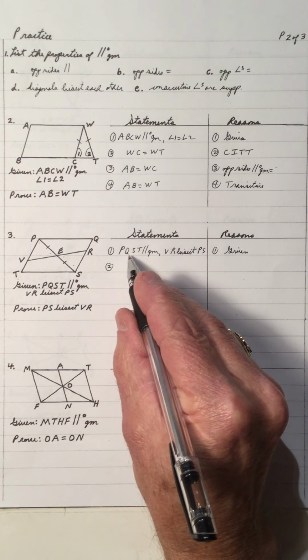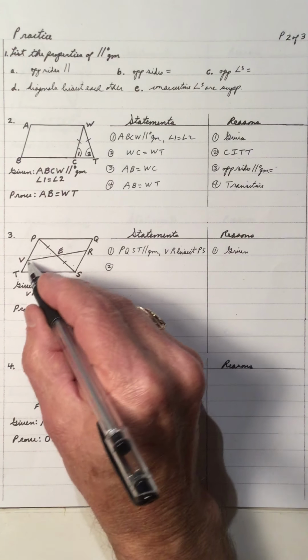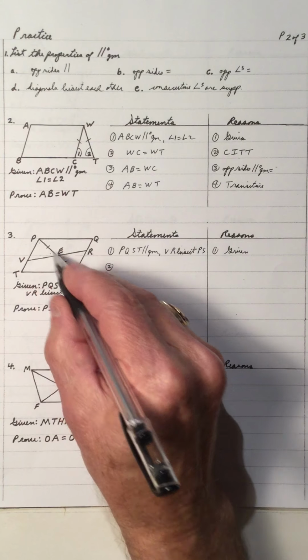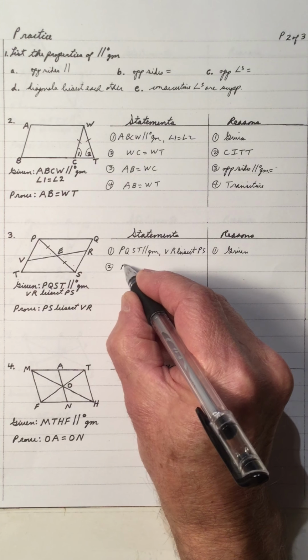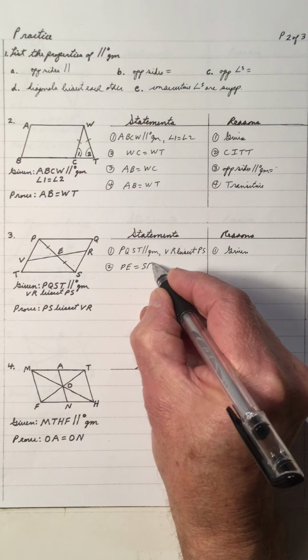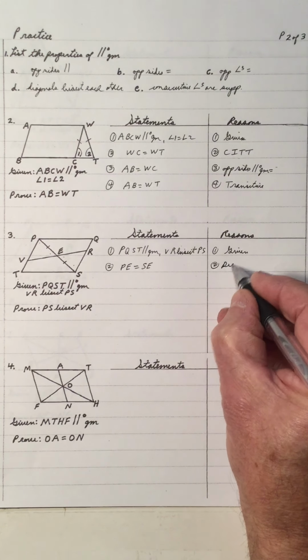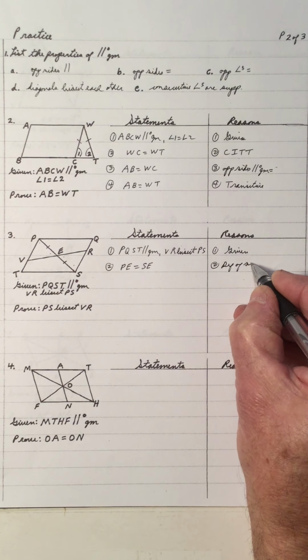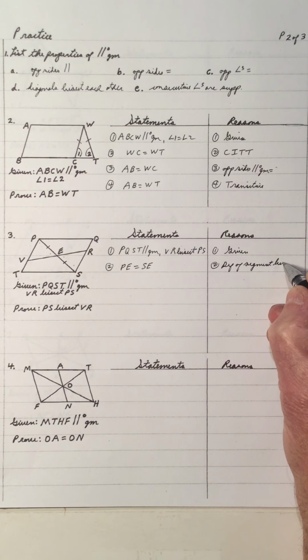We got VR bisects PS, so that makes PE equal to SE by definition of segment bisector.